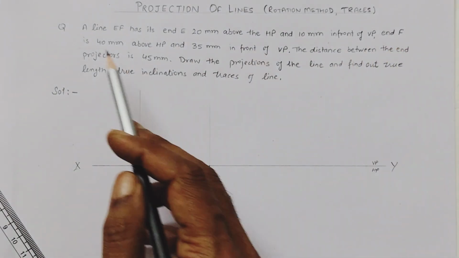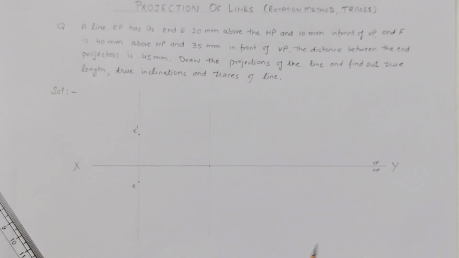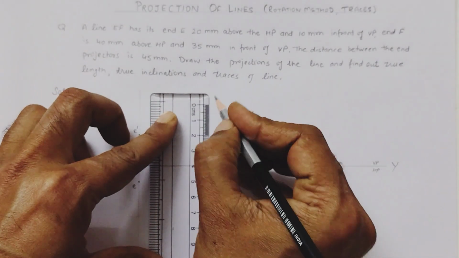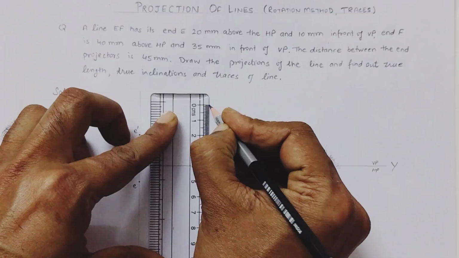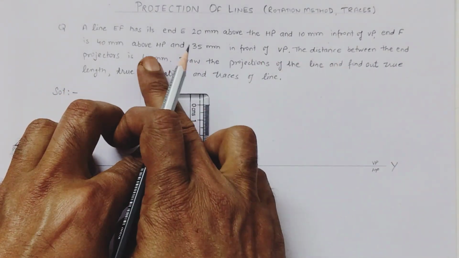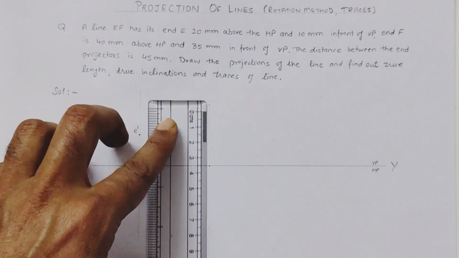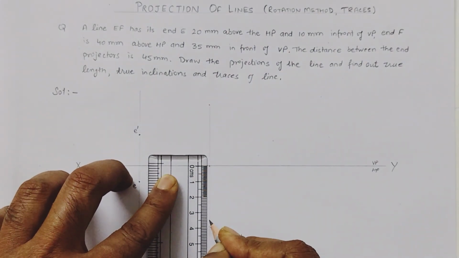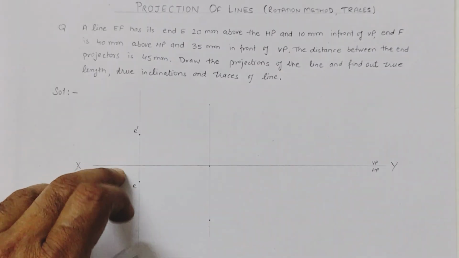Now end F is given as 40 mm above HP, so on this side 40 mm, and 35 mm in front of VP. So 35 here, in front of VP.